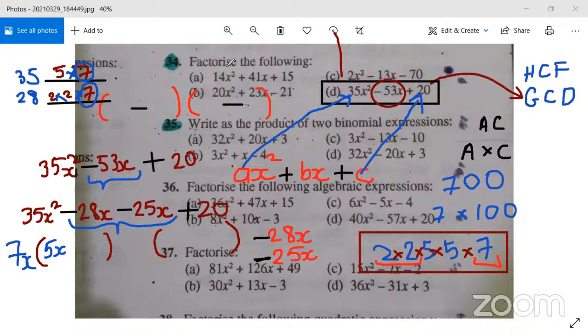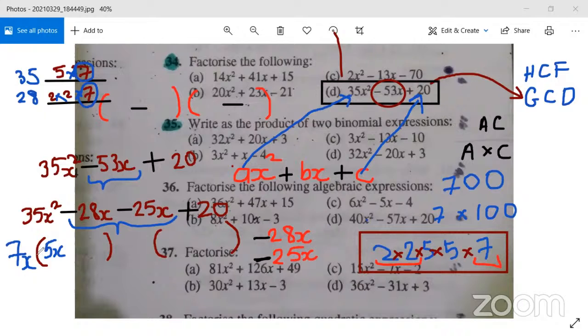So let's say, for example, we wrote down 5 by itself. If we multiply 7x by 5, we'd get 35x and not 35x squared. So then you know to write your x here. Now, x times x is x squared, 7 times 5 is 35, so everything is all right.